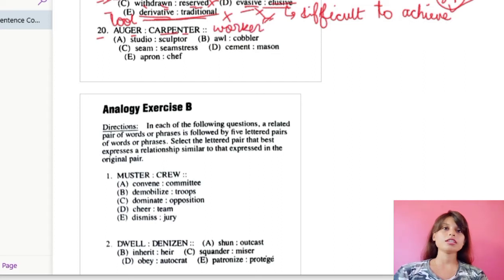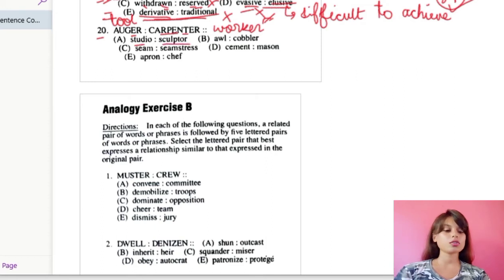So we need to find a relationship just like a tool and a worker, that is, a worker always uses his tools for his work. So we need to find this kind of relation between the options provided, and then we can choose the correct option. Let us see option A, that is studio and sculptor.